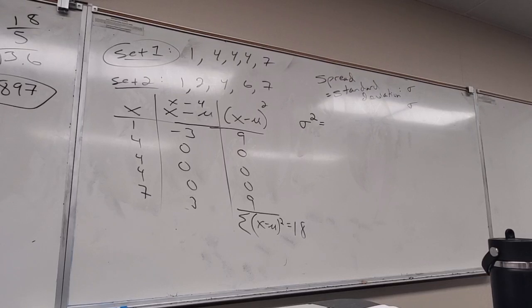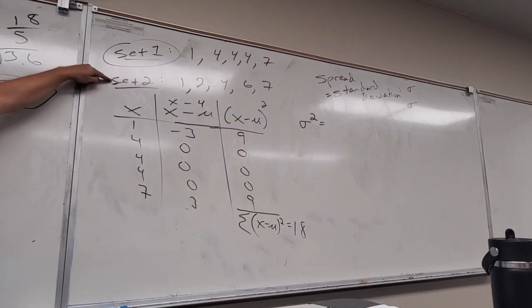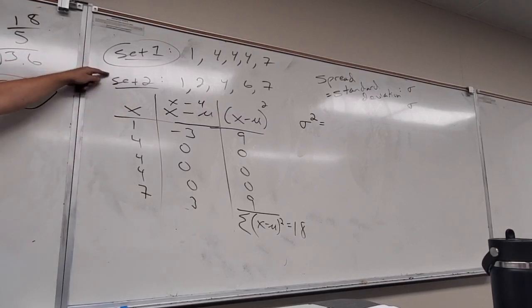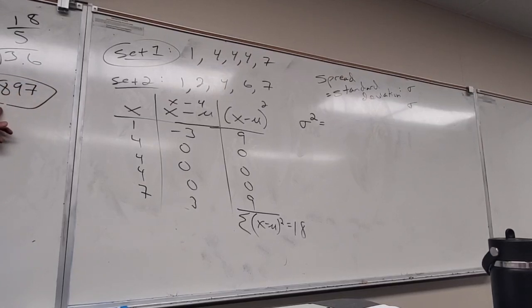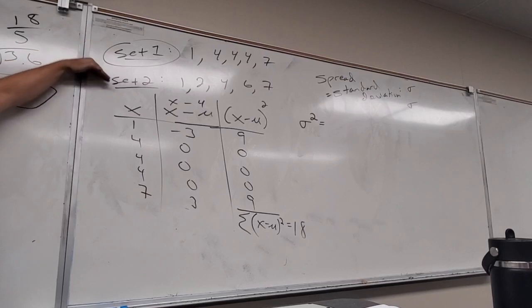So I want you to try to do everything we just did, but for this data. Can somebody predict for me, will it be bigger or smaller than this? What did we say? Which one was more spread out? Which one got away from home more? Set 2.